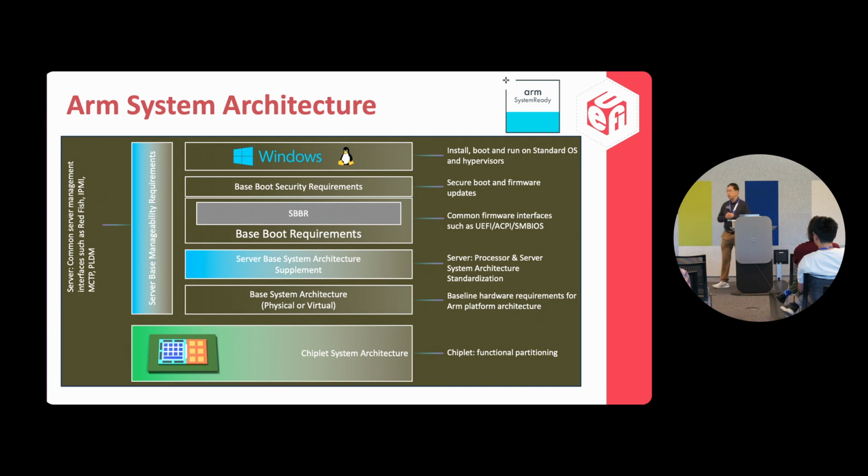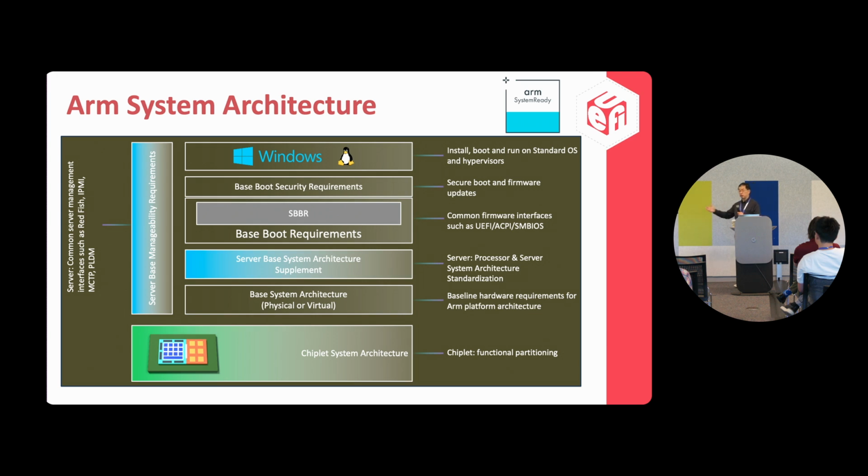And so in this diagram, you can see that we have the Base System Architecture to define the baseline hardware requirements for the ARM platforms. This is needed for this System Ready band, because the operating system not only depends on the APIs into the firmware, but also assumes the hardware interfaces, the register interfaces, for example, PCIe ECAM to find PCIe devices, right?